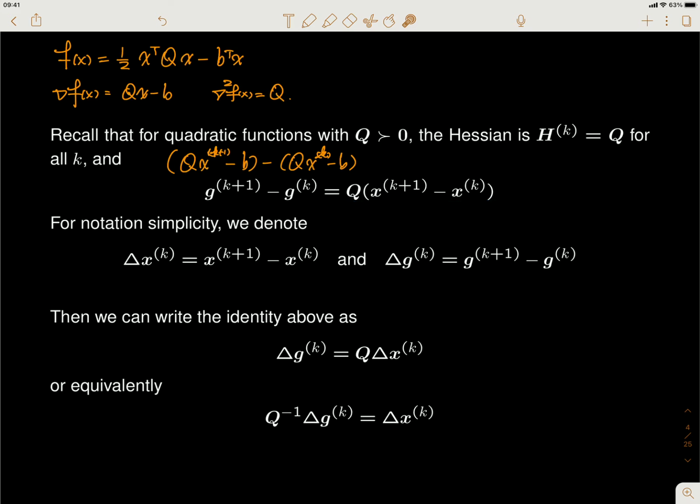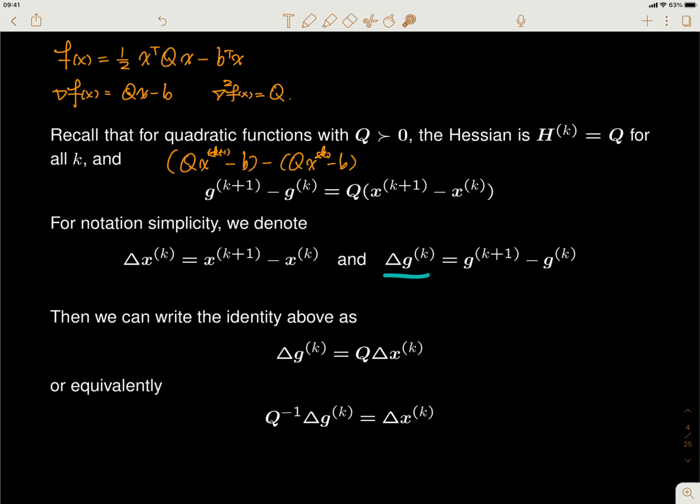Now let's use a shortcut notation because we don't want to write this all the way along. We use delta xk to denote the difference between xk plus 1 and xk. So you move forward one step from xk to xk plus 1, and this vector denotes the difference between these two vectors.